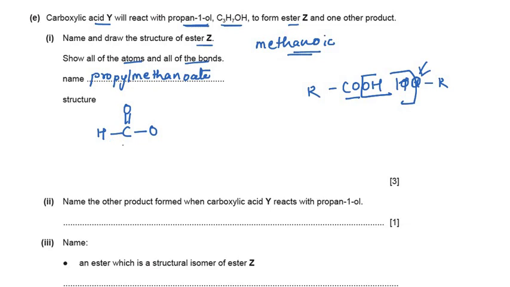So now there is a linkage here showing the ester linkage where the carboxylic acid and alcohol are bonded. So from here, this oxygen starts the alcohol part, that is the propanol part. So O of the propanol is written here, and the remaining is the propanol, that is 3 carbon atoms.